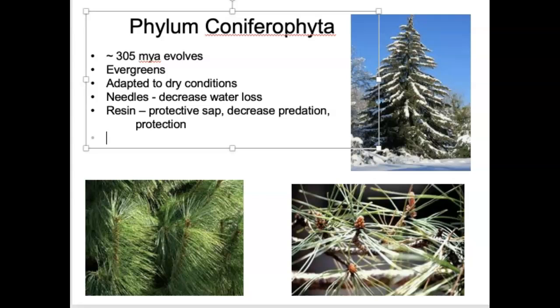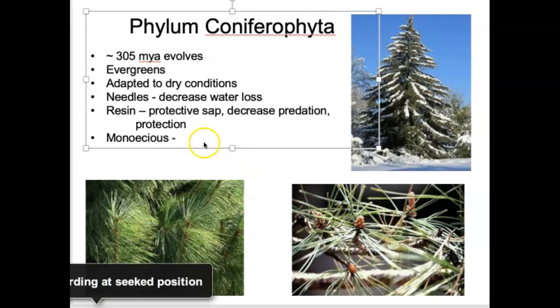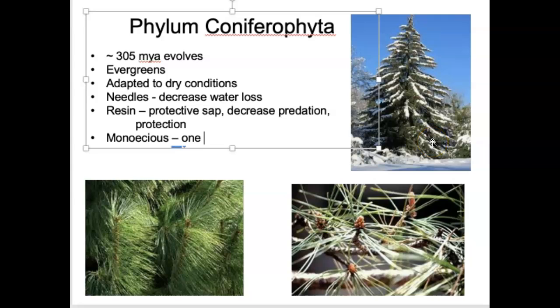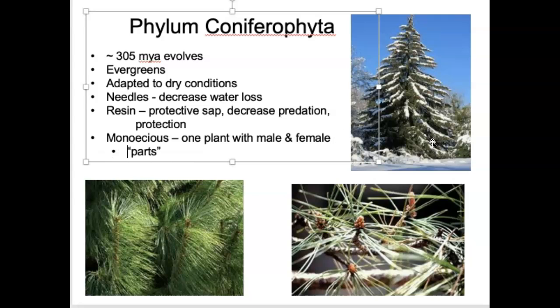And the other thing to mention about the conifers, the Coniferophyta, is that these guys are monoecious. Now, monoecious means you have one plant with male and female reproductive structures, we'll call them parts, on that same plant.